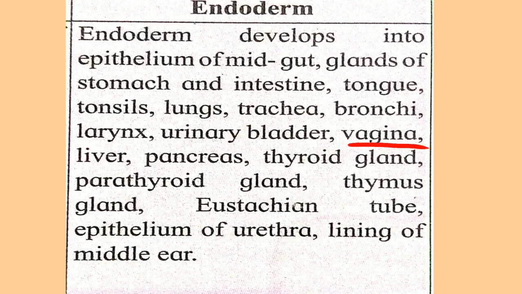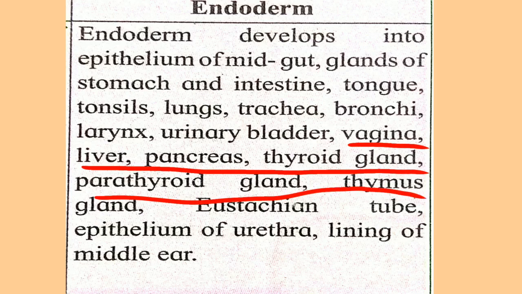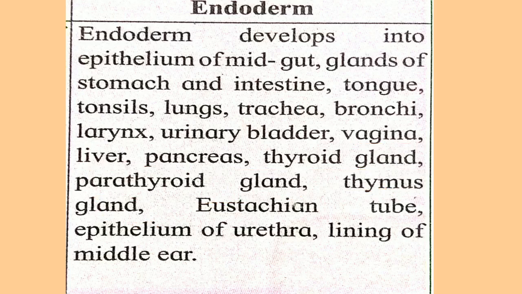In addition to this, liver, pancreas, thyroid gland, parathyroid gland, thymus gland, all these endocrine as well as exocrine glands are originated from the endoderm. So all these questions are very important. These are many multiple choice questions, for example, thymus is originated from dash.